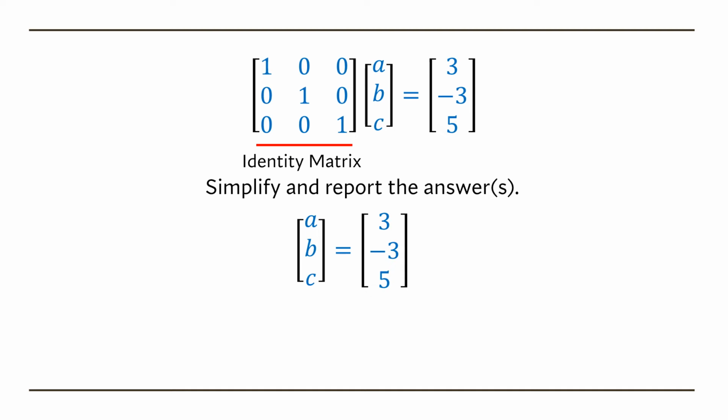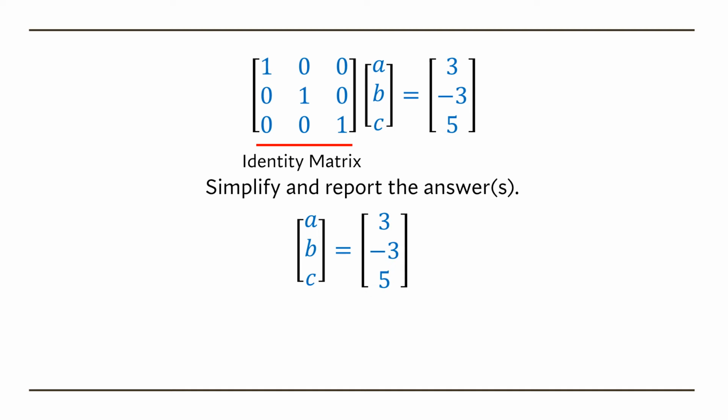So there's our simplification. And so now we report the answers. Well, what I want you to do is look at something with what I call common sense. It says here a column vector ABC vertically is equal to another column vector vertically 3, -3, 5. What makes sense to you when looking at this?